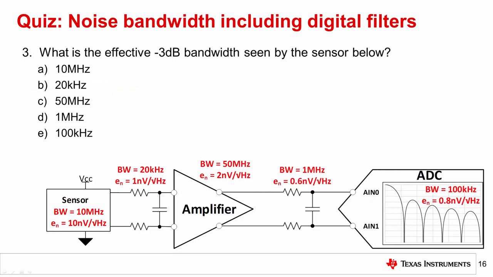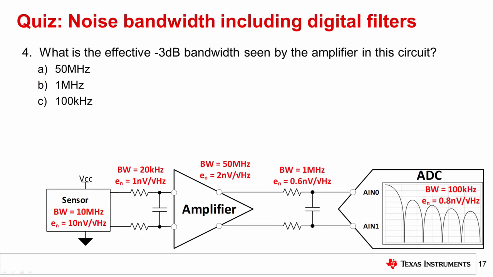Question 3. What is the effective negative 3 dB bandwidth seen by the sensor below? The correct answer is B, 20 kHz. The effective bandwidth seen by any component in a signal chain is generally the lowest bandwidth filter that follows this component, which in this case is the RC filter before the amplifier. Question 4.